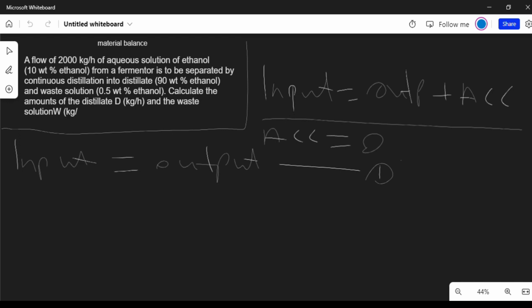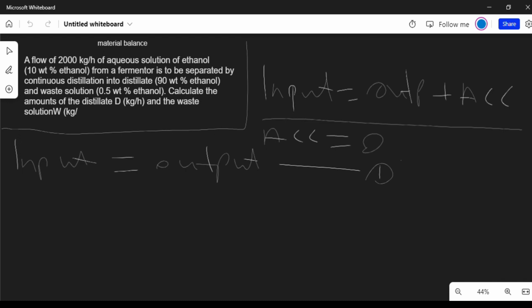Now let's look at what the question is asking again. It says that we should calculate the amount of distillate and the amount of waste that was produced. So our main focus here is to calculate the quantity of waste and the quantity of distillate that was produced after the process. So now inputting the parameters into our equation, we realize that the initial raw material that was pumped into the system was aqueous solution of ethanol.